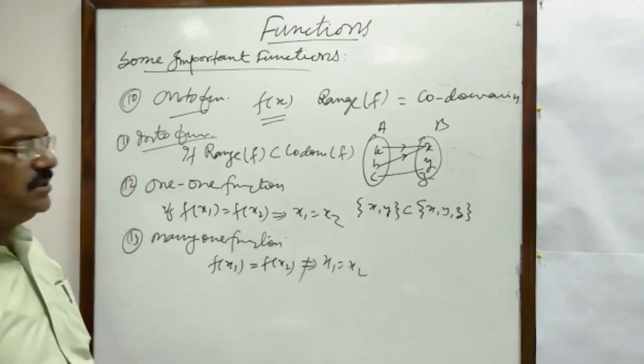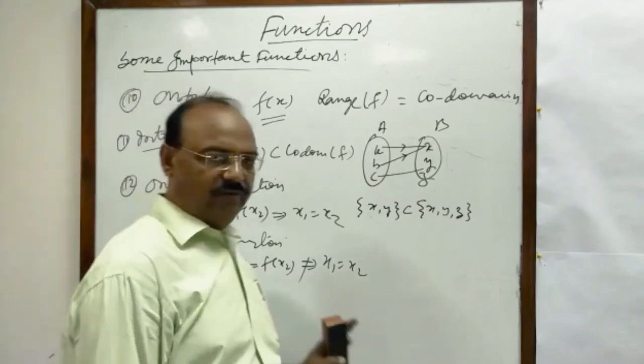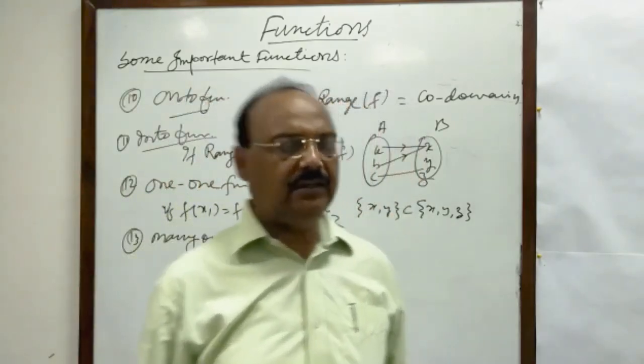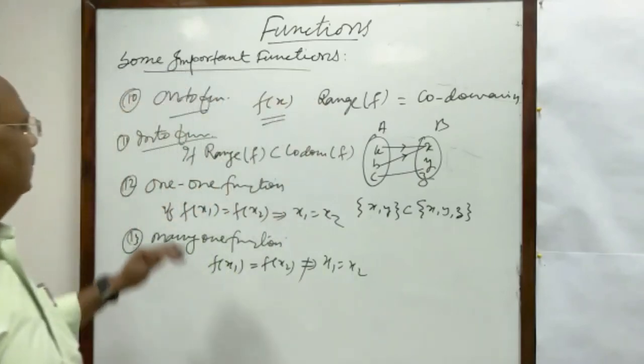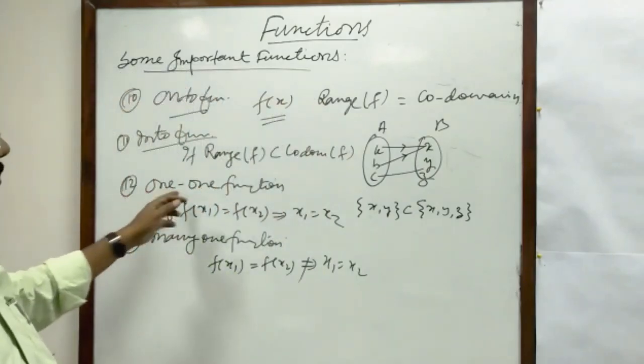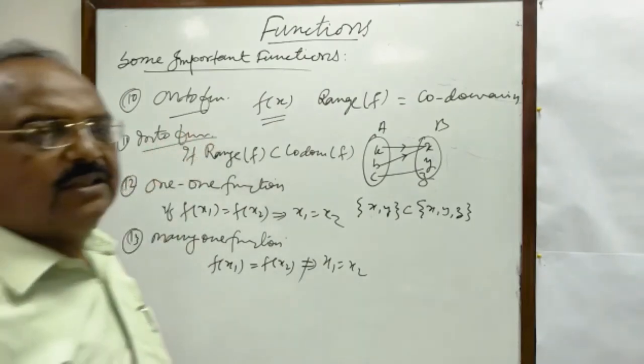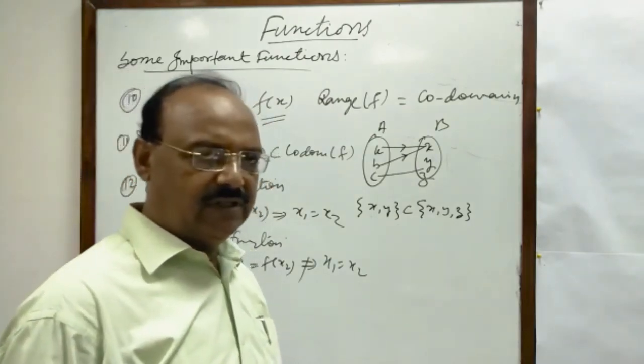Then this function is a many-one function. And a function which is having both the criteria of one-one as well as onto is known as one-to-one correspondence.